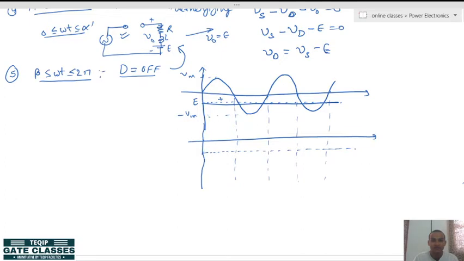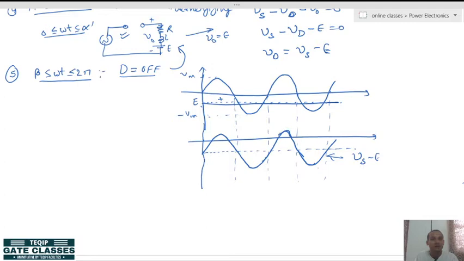The 0 will shift to negative E, the peak will shift to Vm minus E, and the negative peak will shift to minus Vm minus E. So see here, this is my Vs minus E sine wave.